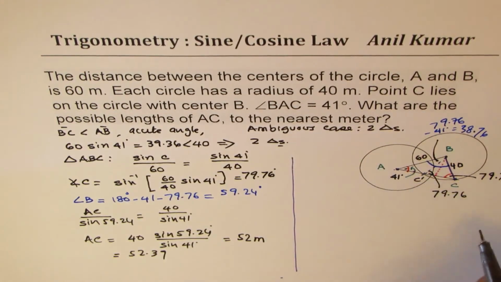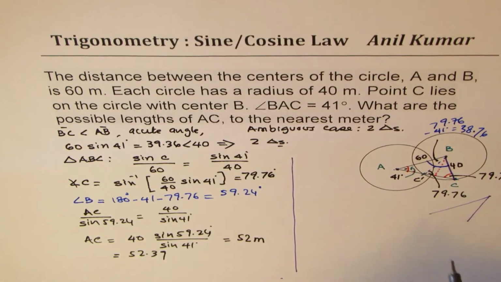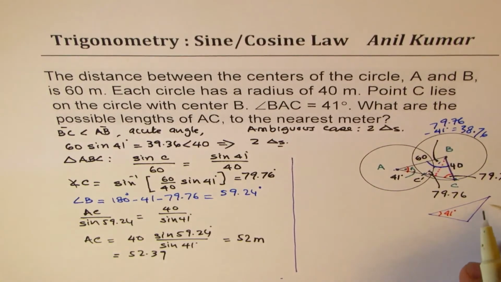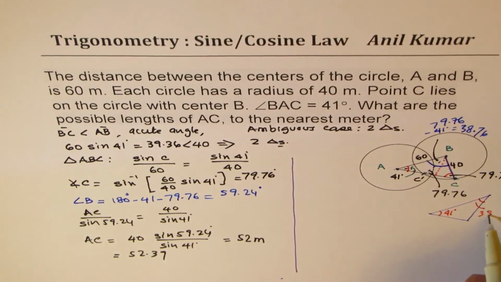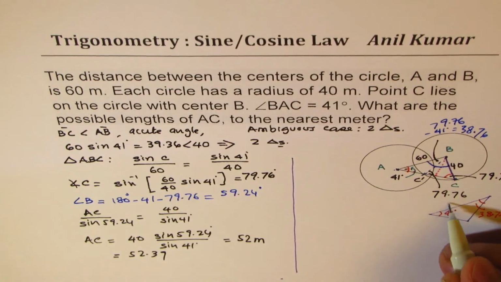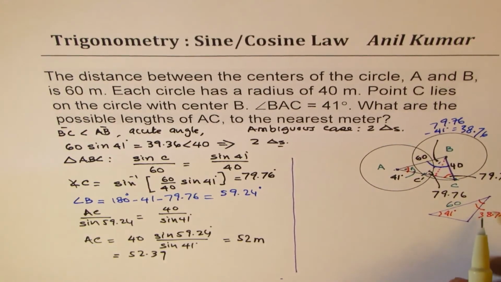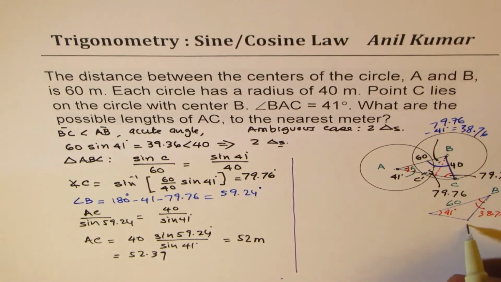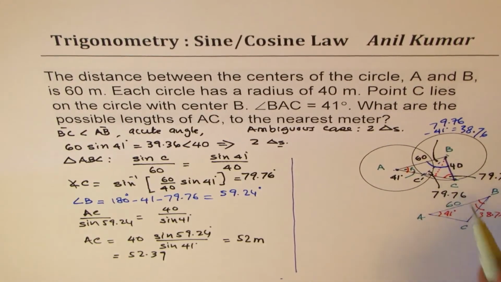Now we'll look into the smaller triangle, which is kind of like this. Correct? Let me write. So here this angle is 41 degrees, and this small angle, which we just worked out, is 38.76. The sides given to us are 60, and this is the radius of the circle from B to C dash, that is the point A, 40, correct?